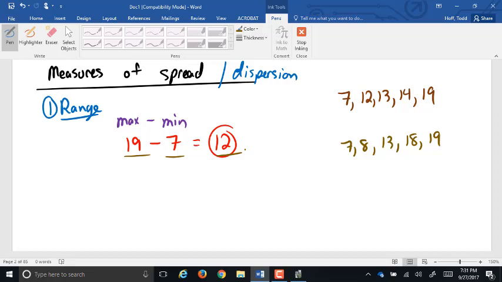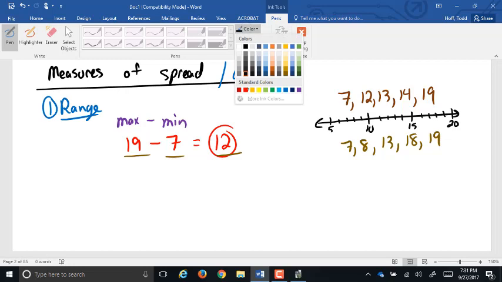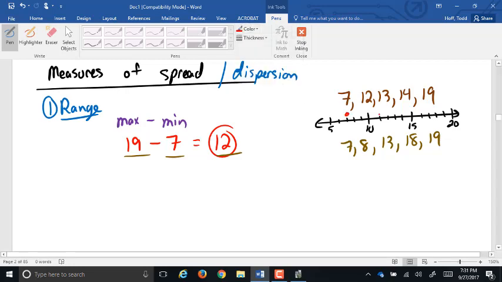No. If we did a dot plot here, let's do 5, 6, 7, 8, 9, 10, 11, 12, 13, 14, 15, 16, 17, 18, 19, 20. This top one has a 7, 12, 13, 14, and 19.